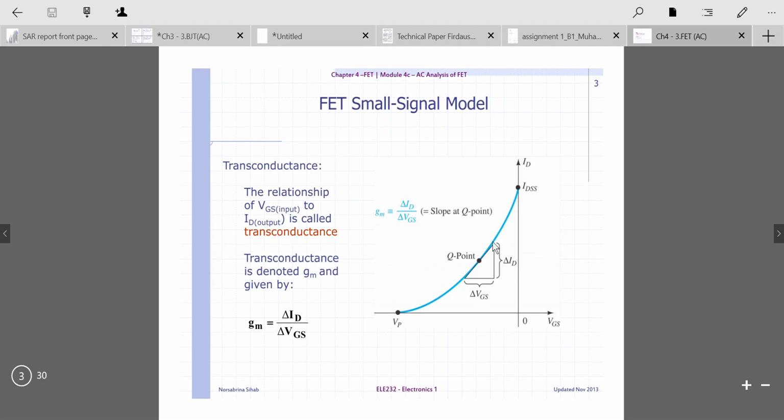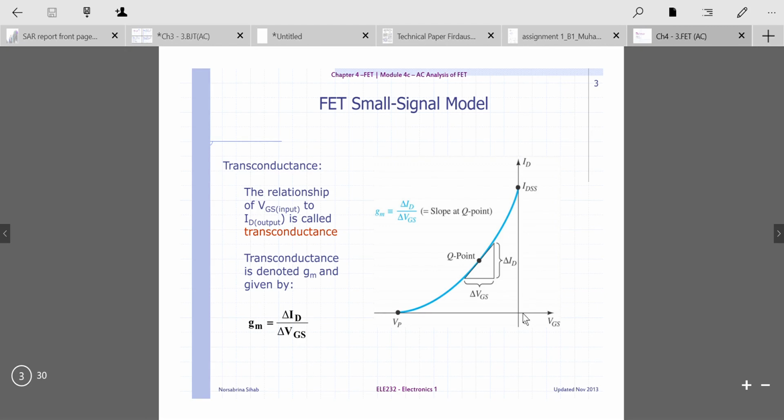The difference for ID is from this point to this point, and the difference of VGS is from this point to this point. You can subtract, then you will get the value. So this is the graph representing the FET small signal.